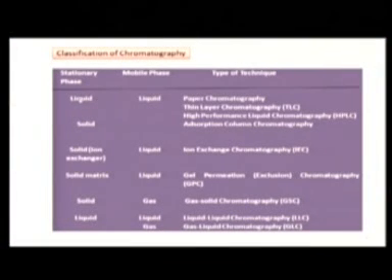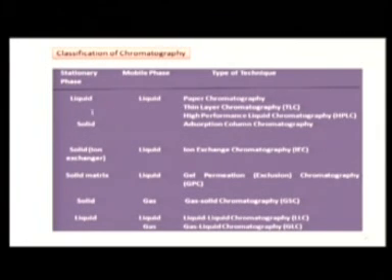There are various types of chromatographic techniques depending on the mobile phase and the nature of the stationary phase. In this table, if the stationary phase is liquid and the mobile phase is a liquid, the techniques are paper chromatography, thin layer chromatography, HPLC, and adsorption column chromatography.